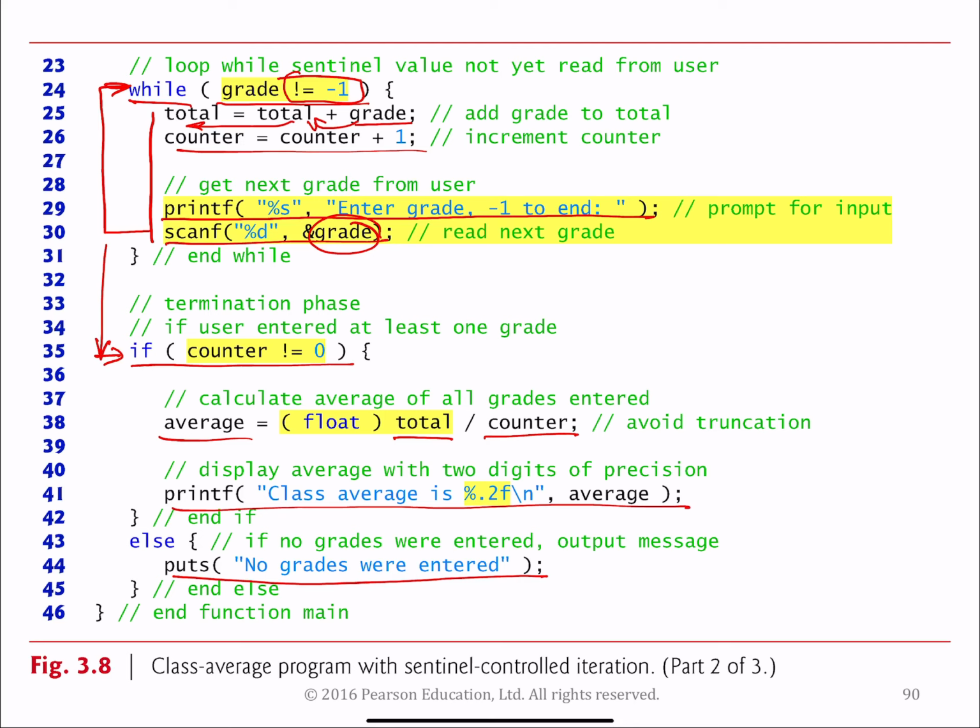Another new thing that's happening over here is this. What is this doing? Well, this is basically converting the value in total. Remember, total is an integer. It's converting the value of total on the fly from an integer to a floating point number, and then dividing it by counter.